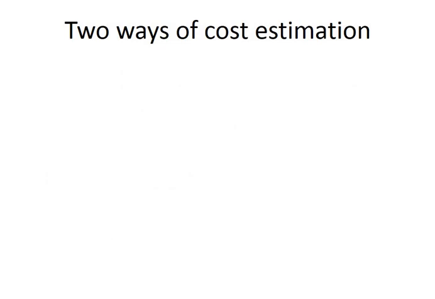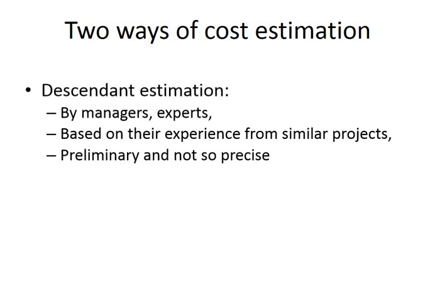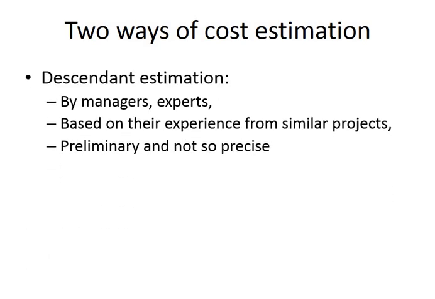There are basically two ways of estimating the costs, and both of them are important. We need to learn them now. The first way is descendant estimation, which means from up to the bottom.